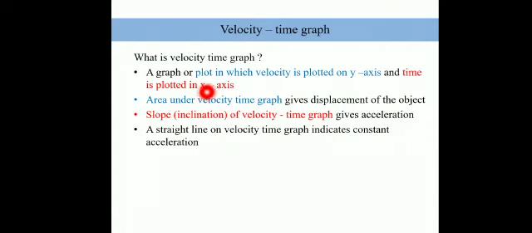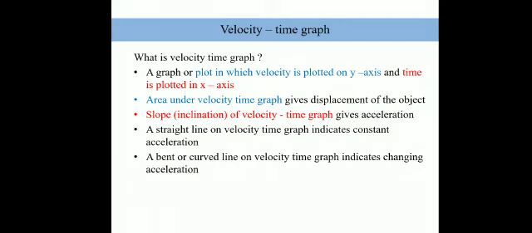Remember, from the velocity time graph we obtain acceleration. From the velocity time graph we can also obtain displacement. Two things. If the line is straight and inclined, then the acceleration is constant. And if the line is bent or curved, then the acceleration of the object or vehicle is changing. Everything we will solve, and by solving we will try to find out.